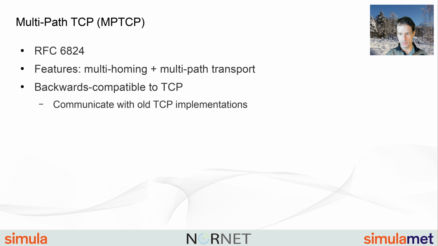Particularly it's important to note that it's backwards compatible with TCP. This MPTCP instance can connect to another MPTCP or TCP instance. If the other side cannot talk MPTCP, it will just use plain TCP.